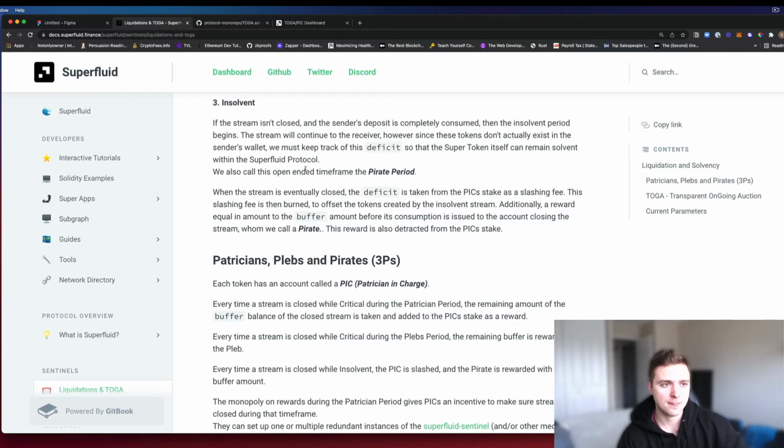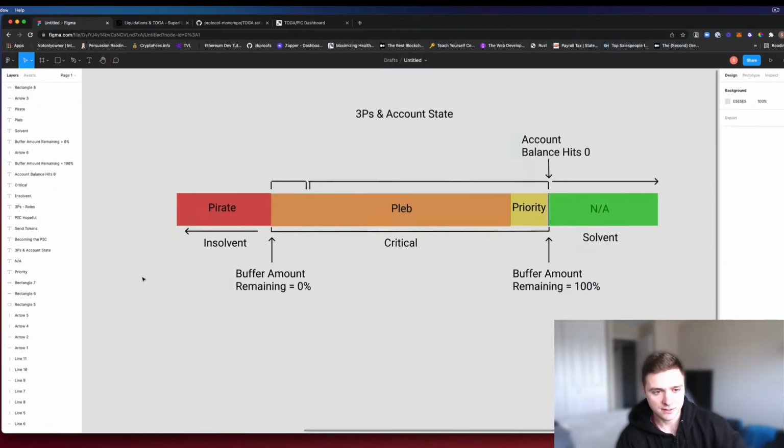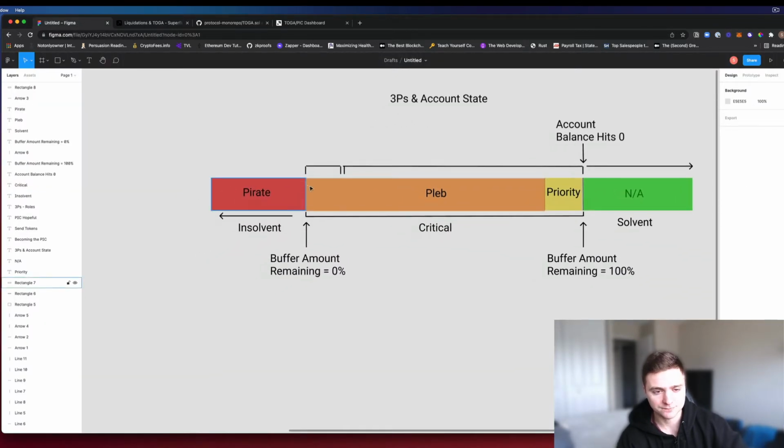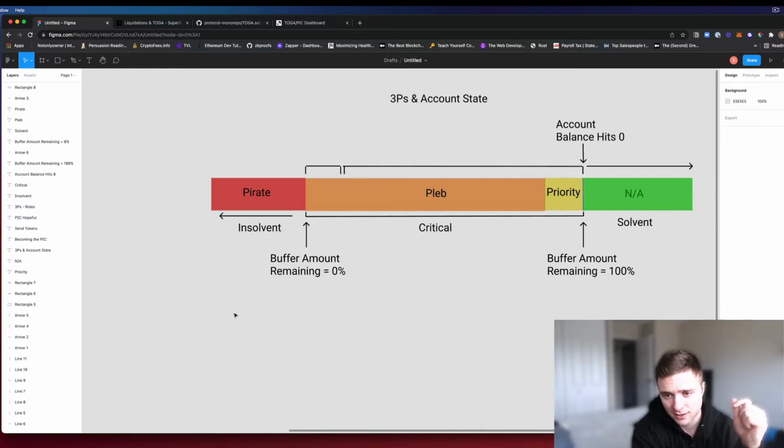And we call this segment the pirate period. So during the pirate period, it means that A, the buffer amount is 0. But what it also means is that this is when an individual sentinel who's not the patrician is very incentivized to close the stream and to close it fast.